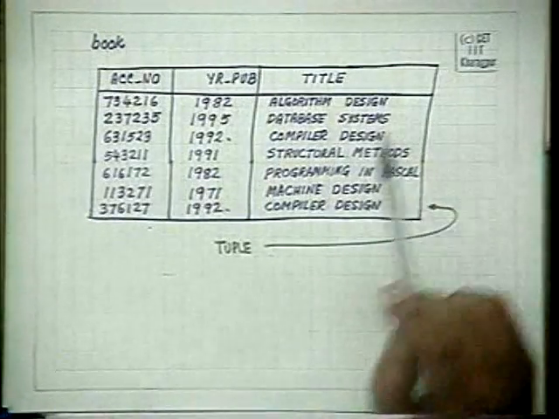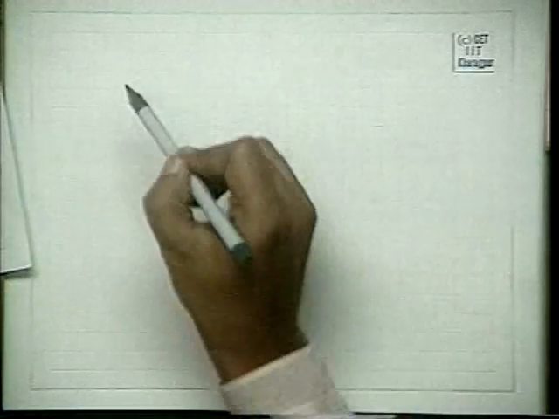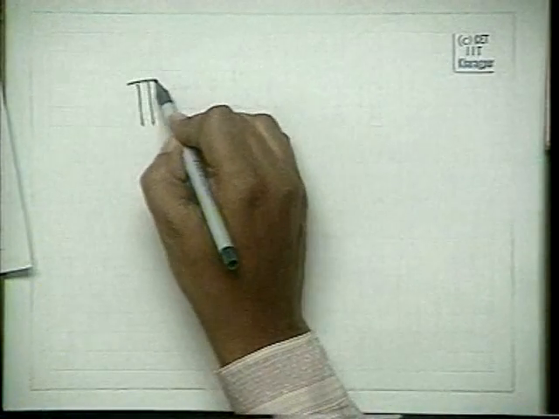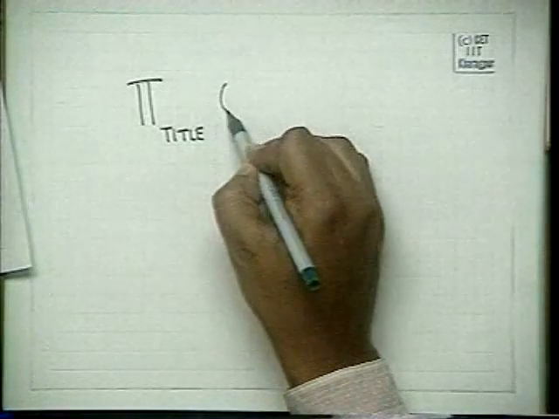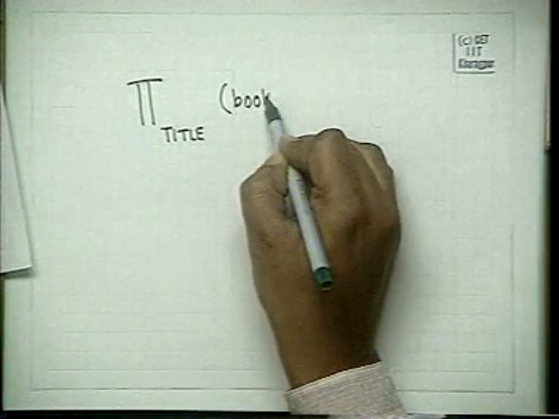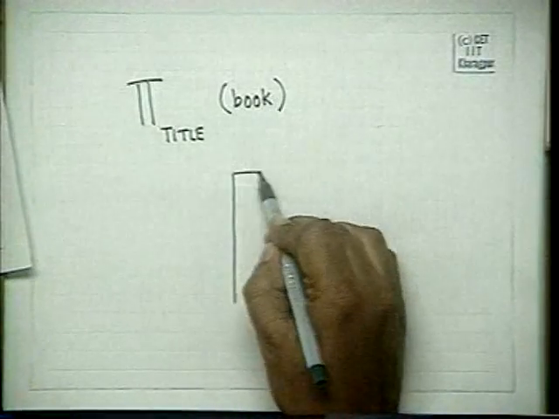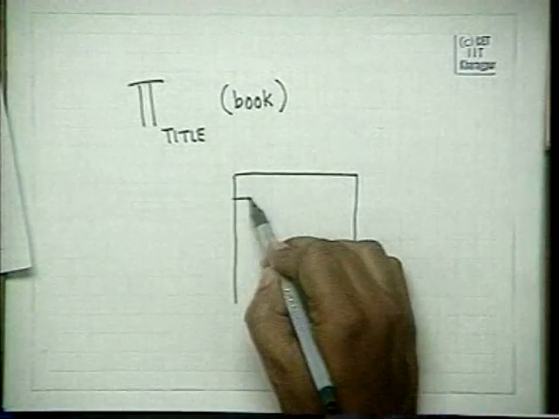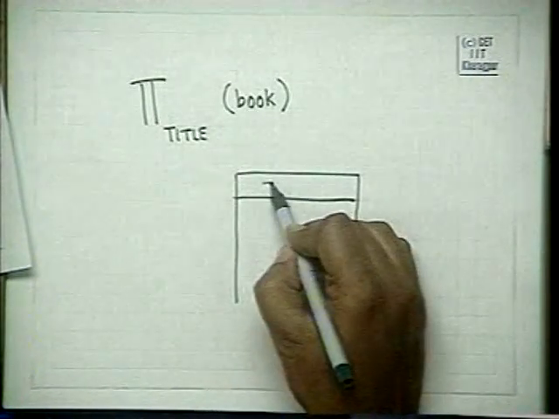For example, if I write down this query, then it will return me a table or a relation having only one attribute called title.